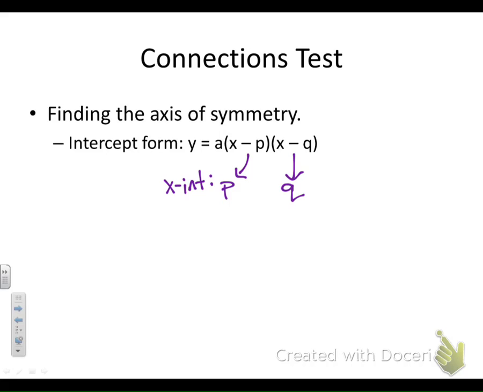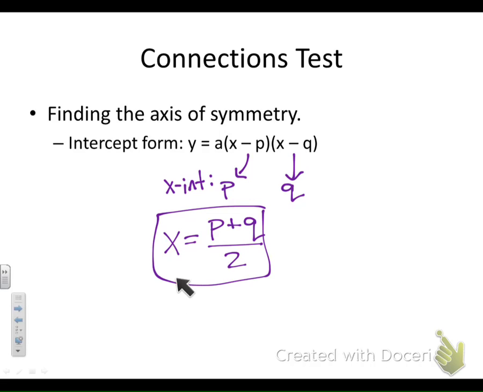So if I could find the exact midpoint between P and Q, that's where my axis of symmetry is going to run through also. So we're just going to use that same kind of formula. I'm going to have the line x equals whatever P plus Q is divided by 2.